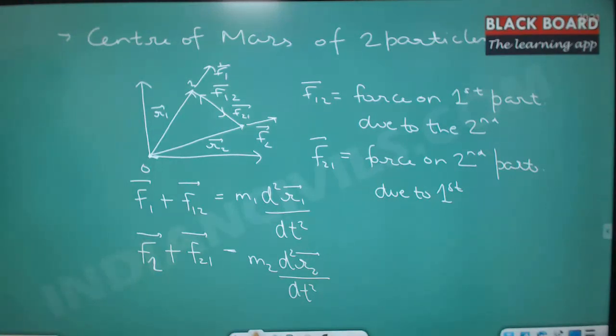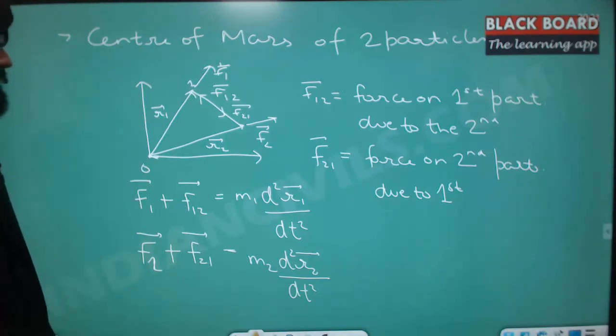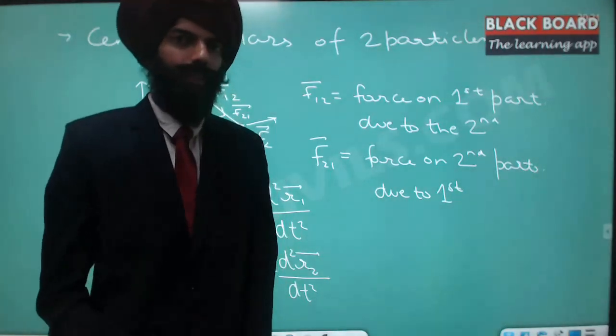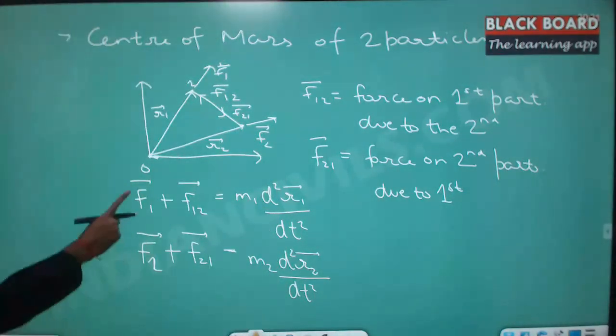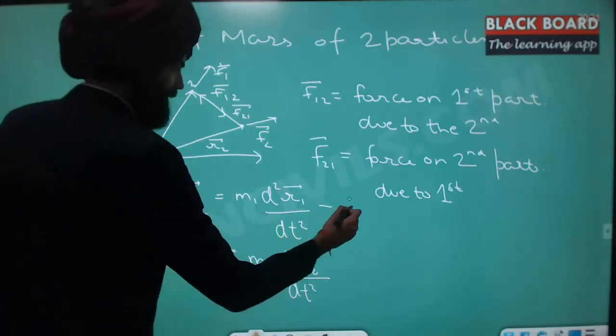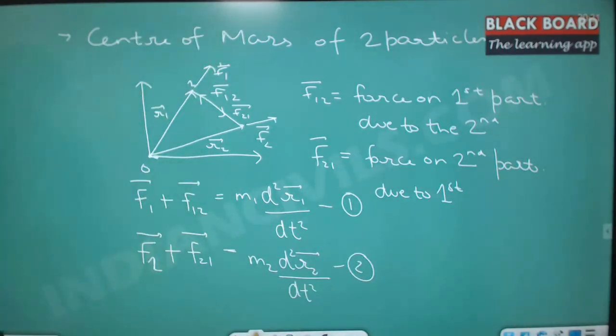Now just remember the larger objective: we need to find an expression for the center of mass for these particles, and once we find the expression, we'll calculate what exactly the center of mass is. So we have these two equations, equation 1 and equation 2. Now we add these two equations.